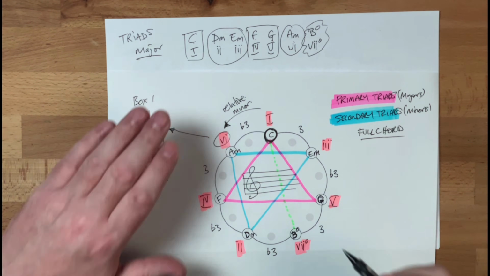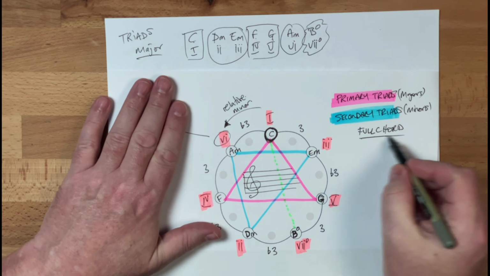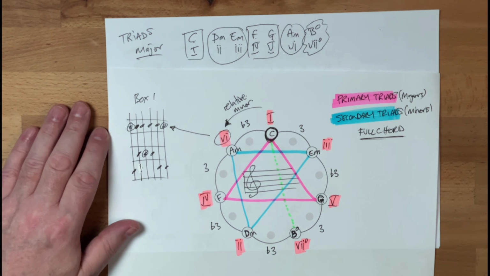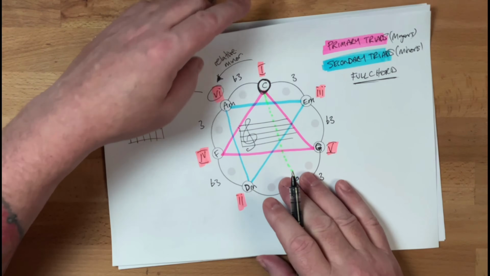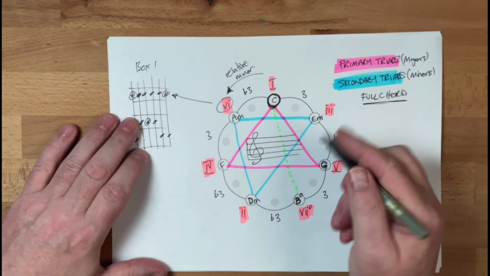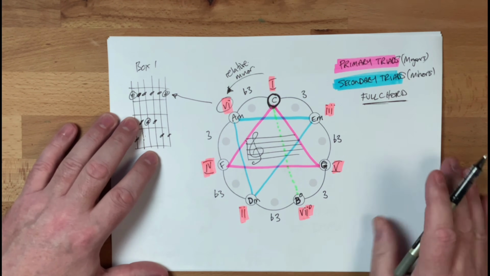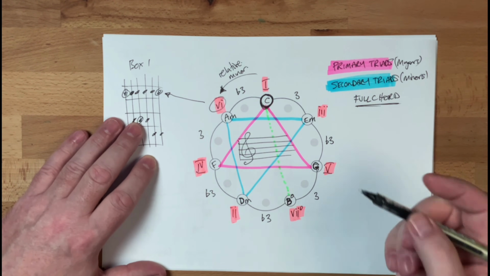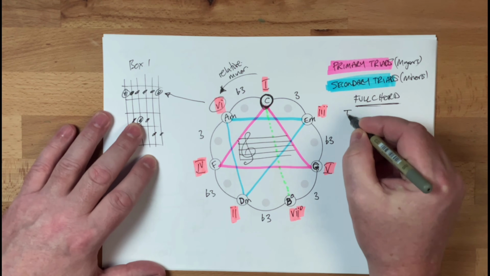Now, here's the thing. Well, let me get back to this idea here of the full chord. Okay, the full chord. Right, we've got the full chord. So what we do is we take these notes here, and what we do is we break it down into 3 sections.